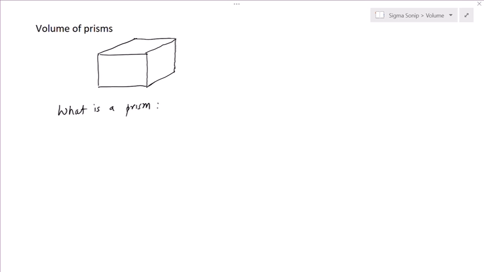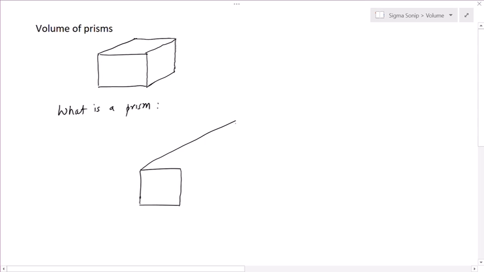So this is my first face, or we can call it base, or we can call it end, and then you have another one here. This is face number one, that's face number two, and they are connected with edges, and that's what makes it a prism.